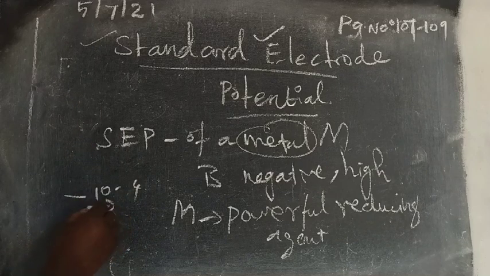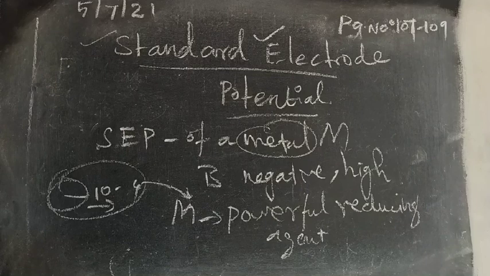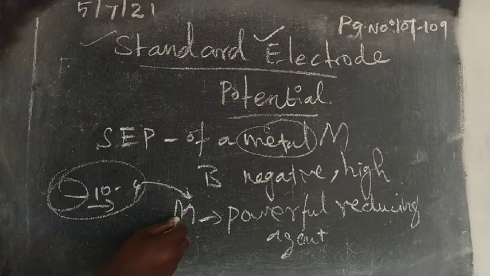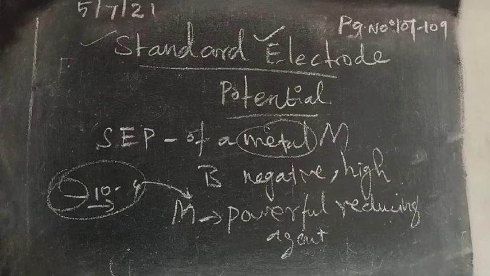Like a big value at the same time negative means they are acting as a powerful reducing agent, because it easily loses electron. This metal will easily give the electron. The standard electrode potential of a few transition metals we will see now.